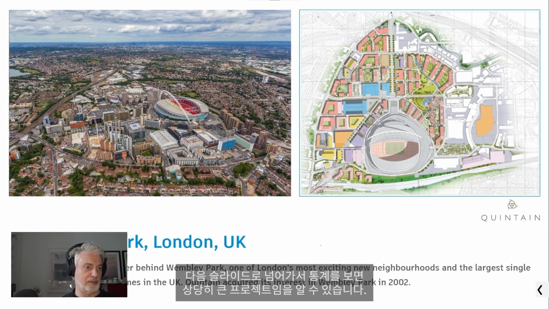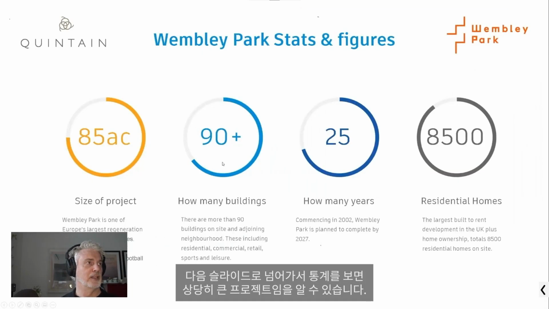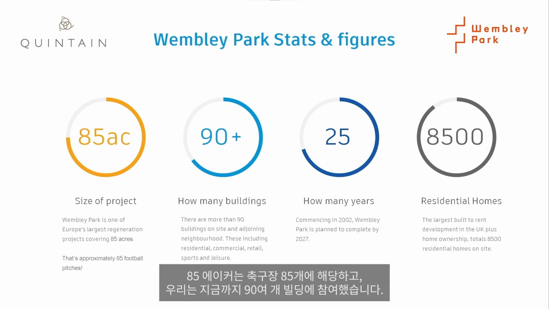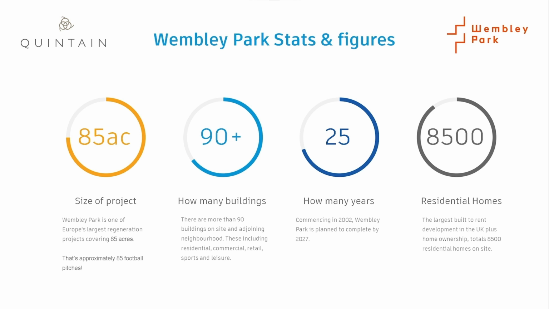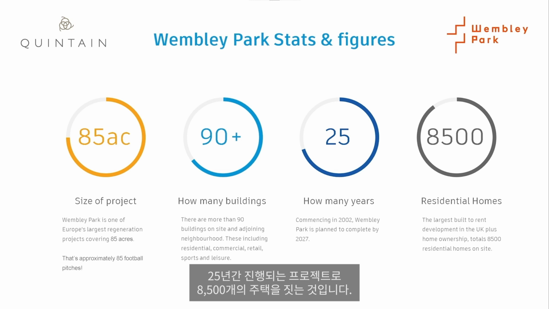If I jump to the next slide, the stats involved, it's quite a big project. It's 85 acres, which is 85 football pitches. We've been involved on around 90 buildings so far. It's a 25-year project, and there's 8,500 homes.